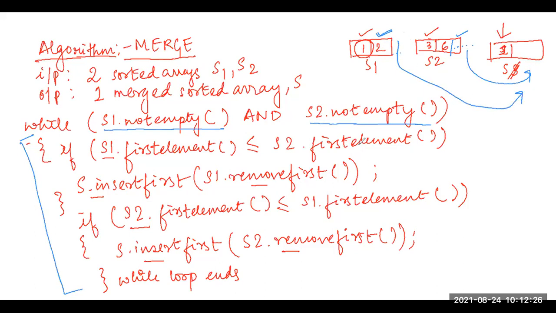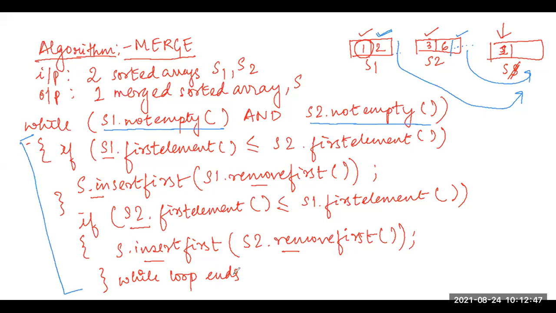So if any one of the lists is finished first, we will simply copy all the elements from the other list to my final list. Why is that? Because the elements in my lists are already sorted. So automatically it will be placed in sorted manner only.